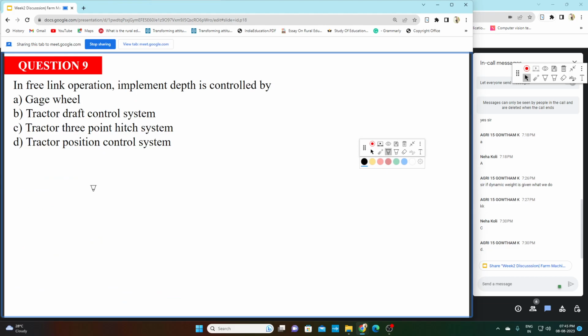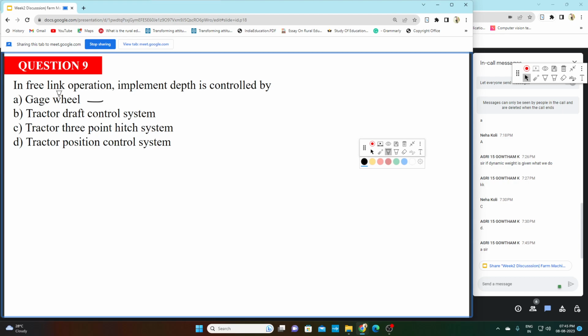In the free link operation, implement depth is controlled by A, gauge wheel, B, tractor draft control system, C, tractor 3-point hitch system, and D, tractor positioning control system. Any guesses for this? Gauge wheel, yeah.